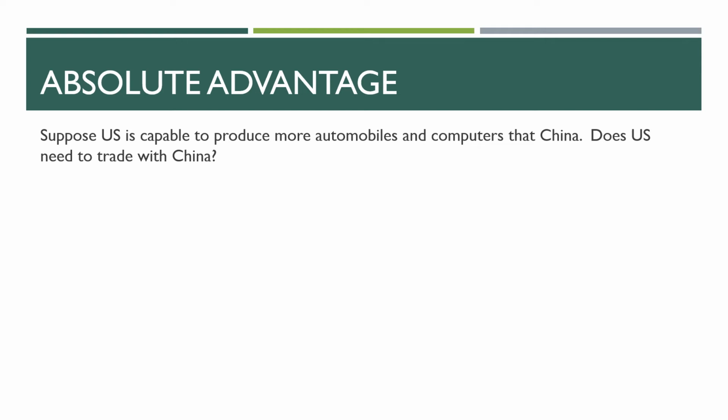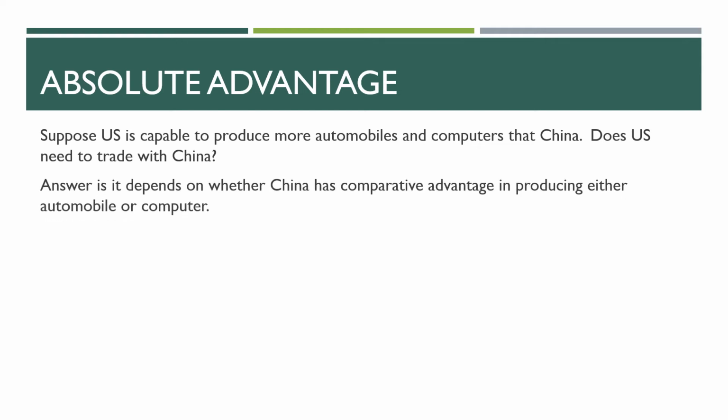Well, another confusing concept that we are introducing here is called absolute advantage. This is very confusing for students at first, but hopefully this example might give you a better insight. Let's suppose we're looking at the productions of the United States and China. Both countries are producing automobiles and computers.